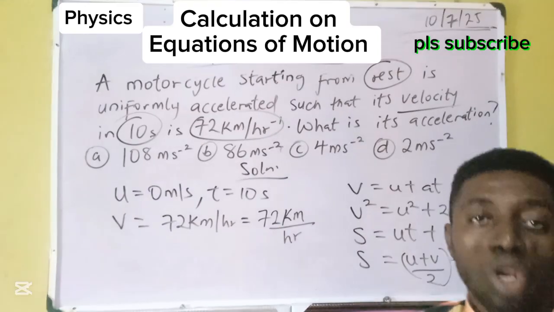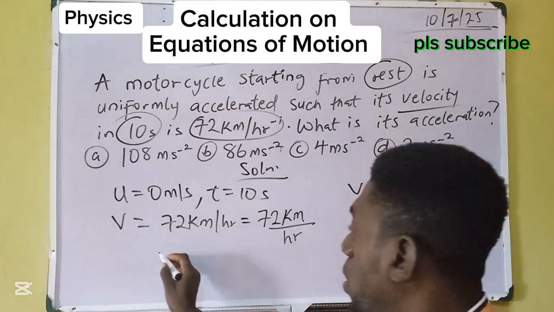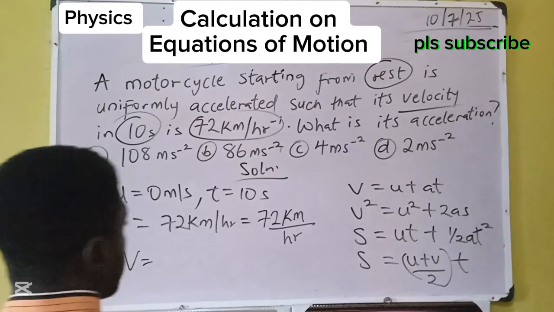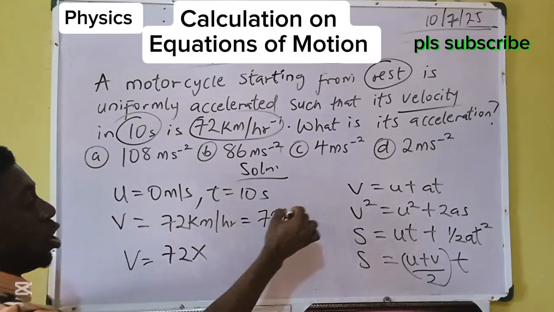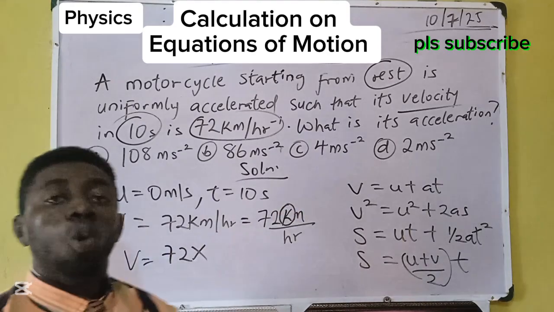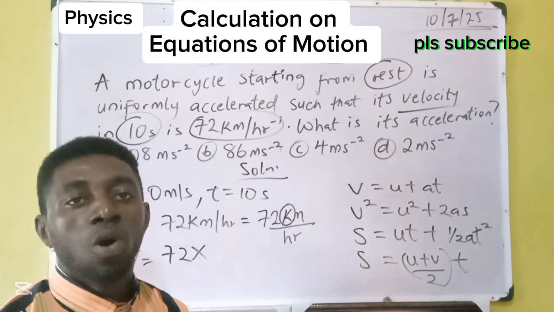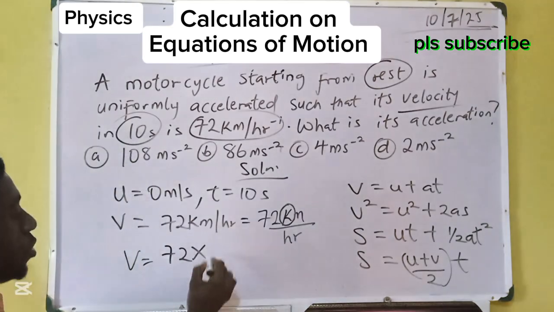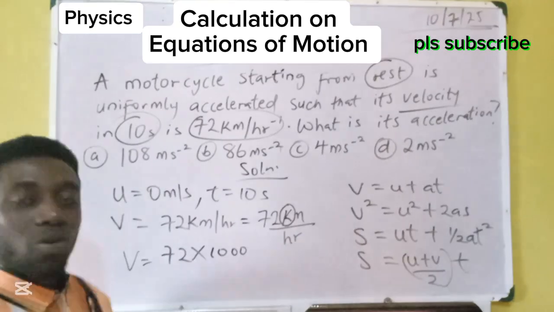Then the V will now be 72 times. The word kilo has mathematical equivalence. Kilo stands for 1,000. So 1,000. Then drop the kilometer, leaving meter.